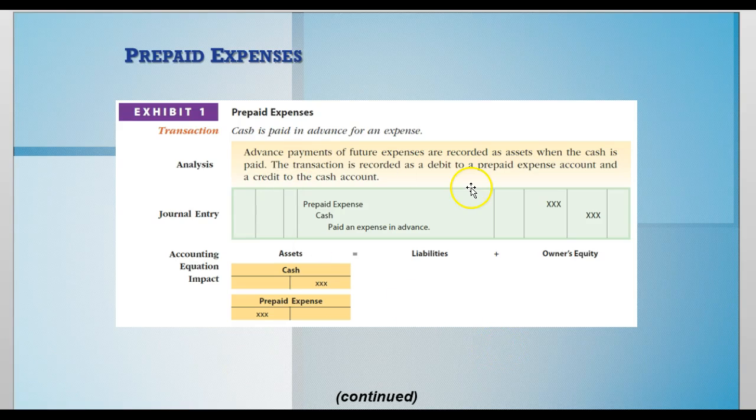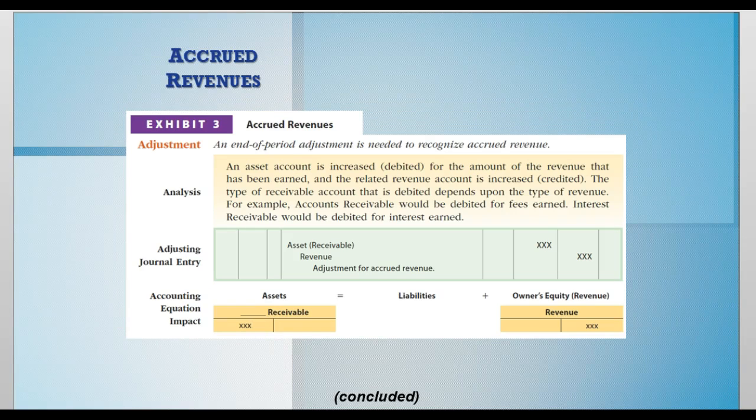Here's prepaid expense. Okay, we had a prepaid expense. We put it in, okay, and we paid for it. And we just kind of swapped here on the assets in the equation. The cash went down, but the prepaid expense is an asset. Notice that's not an expense yet. It's a prepaid expense.